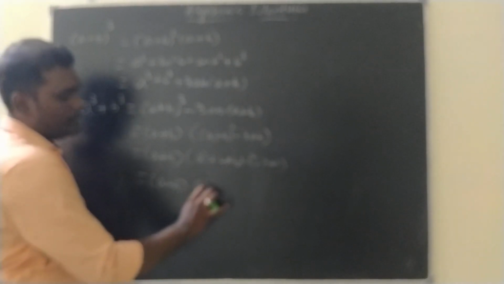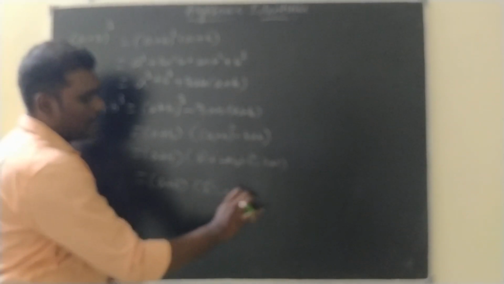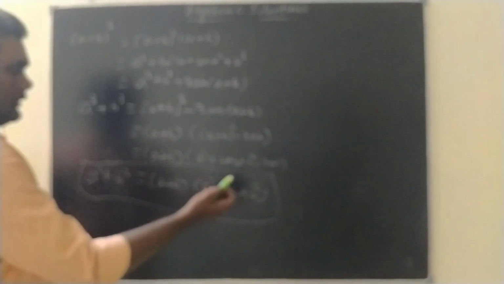Then we will have (a + b) into (a² − ab + b²). So this is another identity of a³ + b³. Whenever it is required, we can apply either this or that.